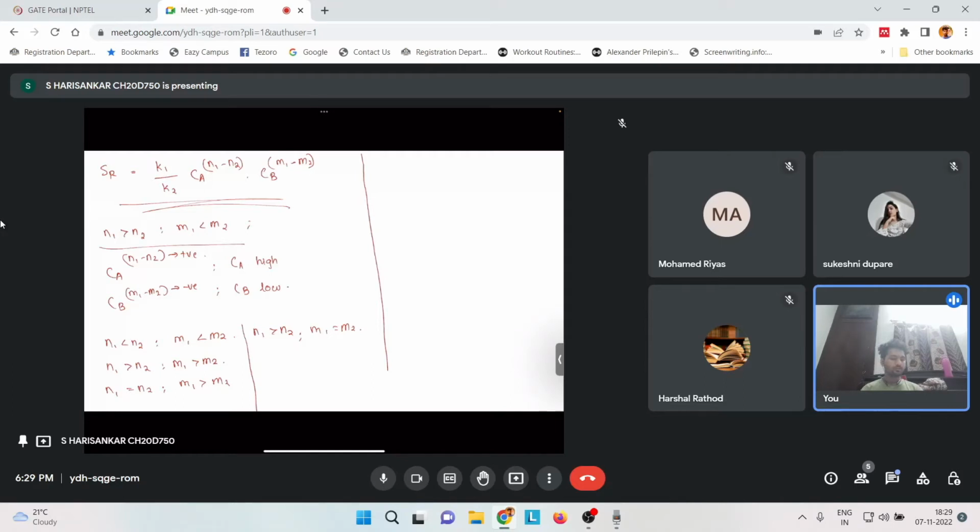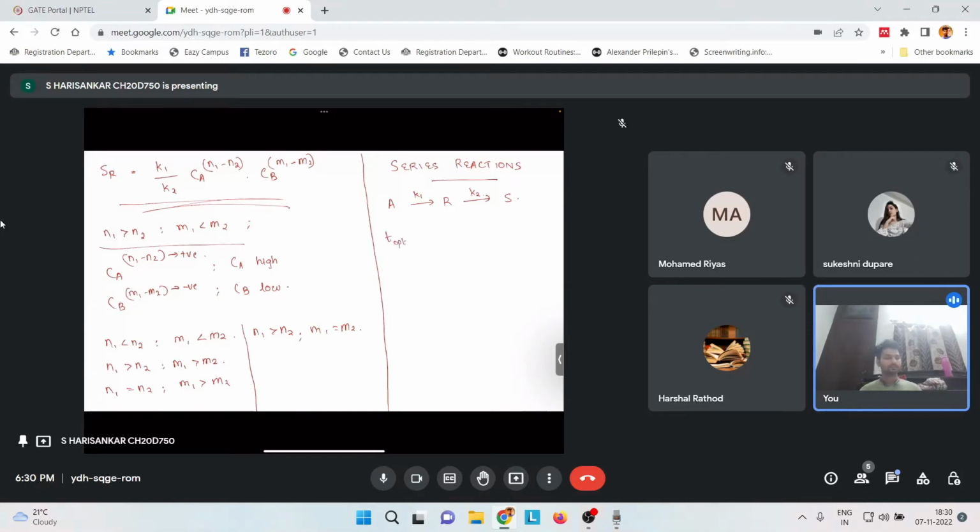Now let us look at something in series reactions. Okay, so now let us say we have a reaction like this. A gives R gives S, and we have the rate constants as k1 and k2. Now for series reactions, we have learned one term as t optimum.